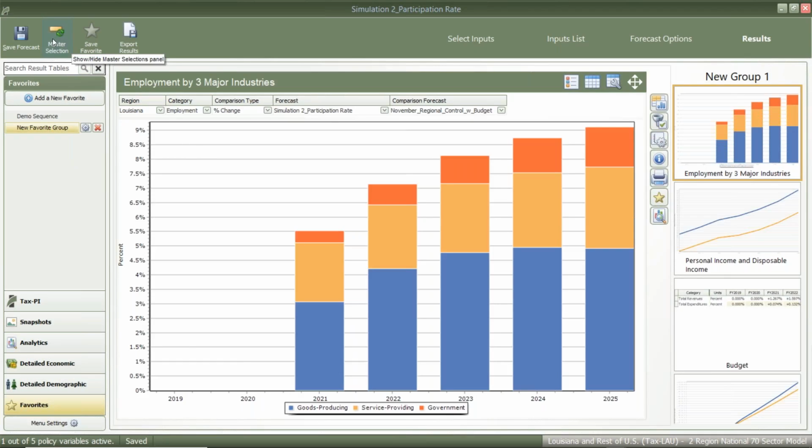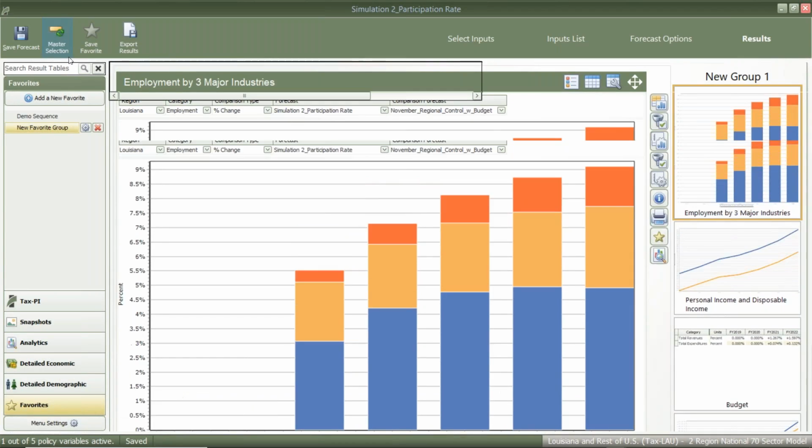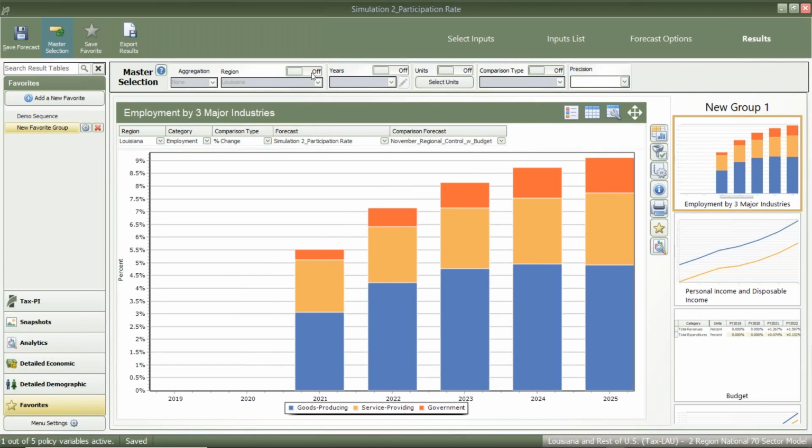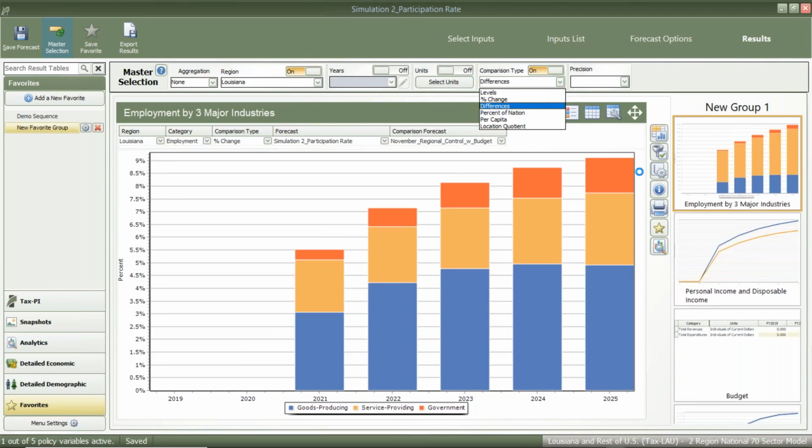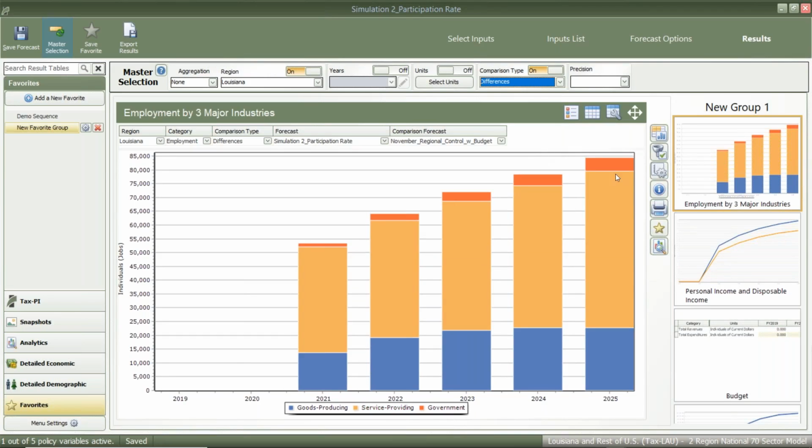So here I will click master selection, and then I will set the region to Louisiana state, and the comparison type to differences. We can see from the first graph, employment by 3 major industries, that with more labor re-entering the job market, the employment rate is going up.